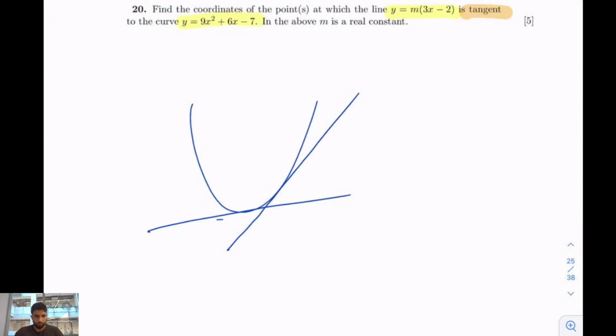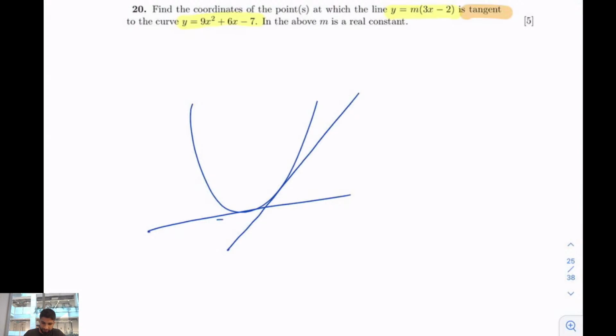So what do I do when I'm faced with this? I'm saying that this is roughly how it's going to look, but how can I actually find those points? There are two important pieces of information here. One is that the line is a tangent.